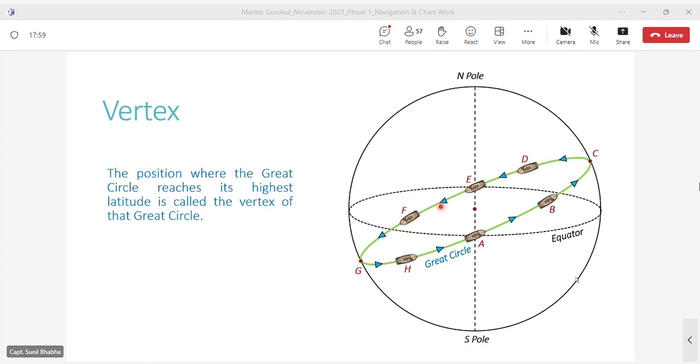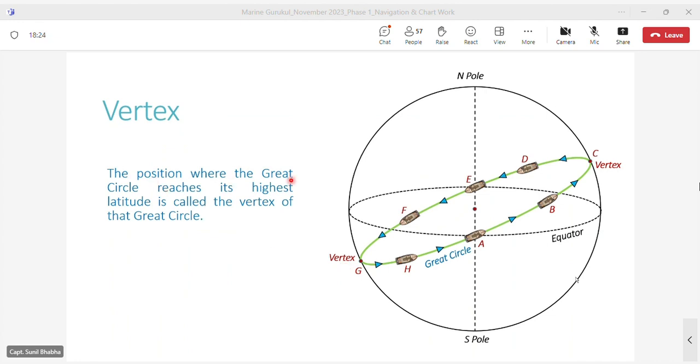And the second point is point Golf, G point, where the ship attains the highest southerly latitude. Both these points, that is point Charlie in the northern hemisphere and point Golf in the southern hemisphere, are known as the vertices of the great circle.